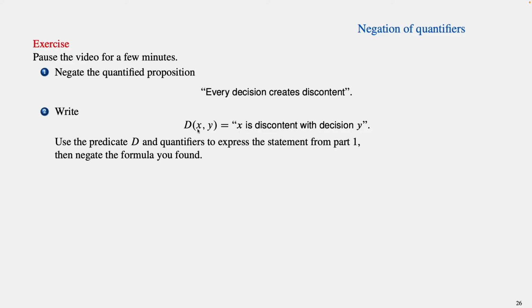So the variable x is some person and y is some decision. And now use this predicate D and the quantifiers to express this statement here in a formal logical way, and then negate the formula you found. And if you're unsure what to do, rewind the video and look at what we did in the previous examples.